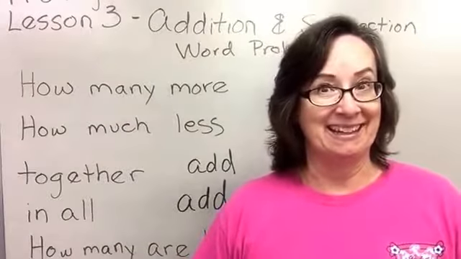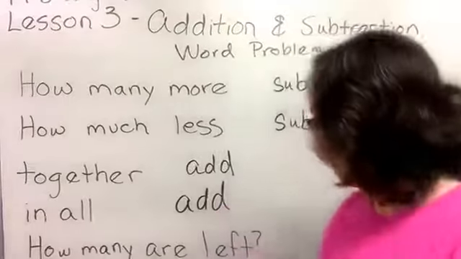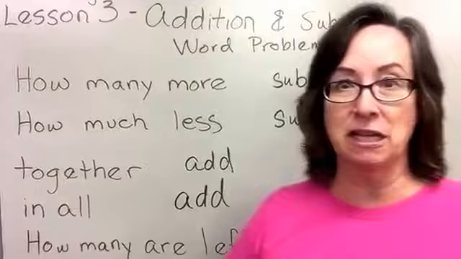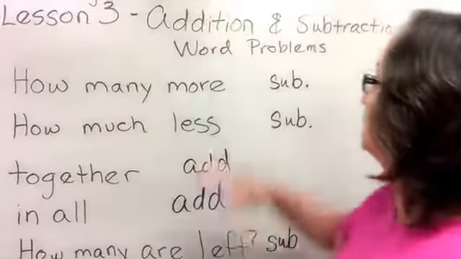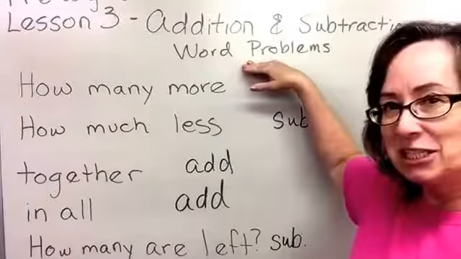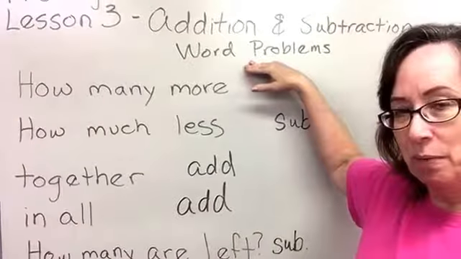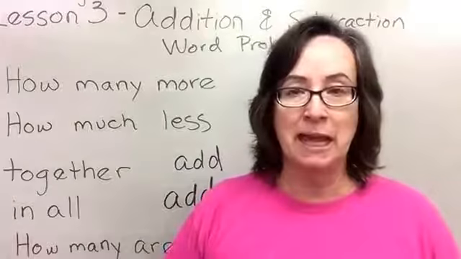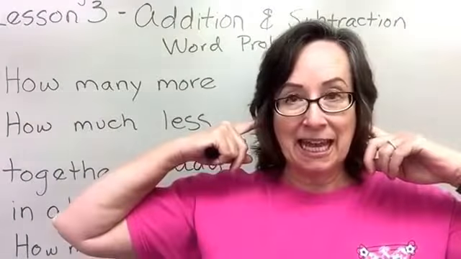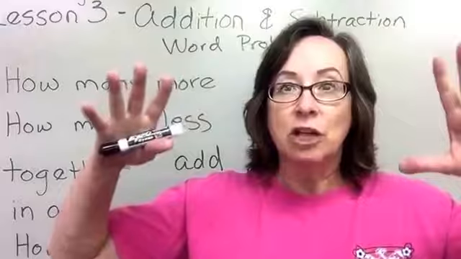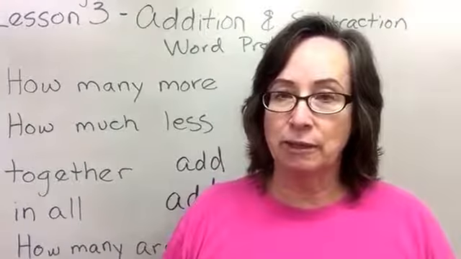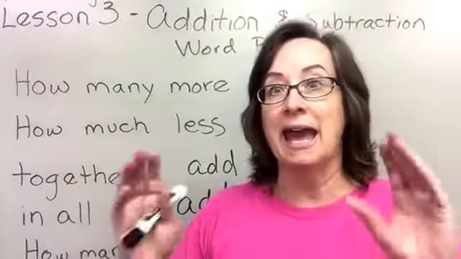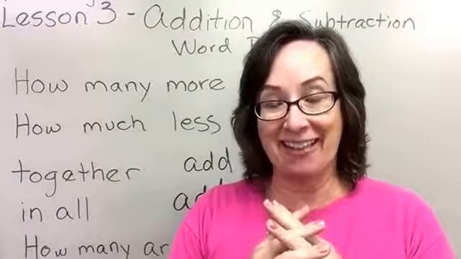That would be subtraction. Now, we're going to go through many different types of word problems, but these are specifically addition and subtraction word problems. As you are looking at the problems that I'm going to put up on the board, I want you to think and look for those key words that are going to tell you, am I subtracting two quantities or am I adding two quantities together?